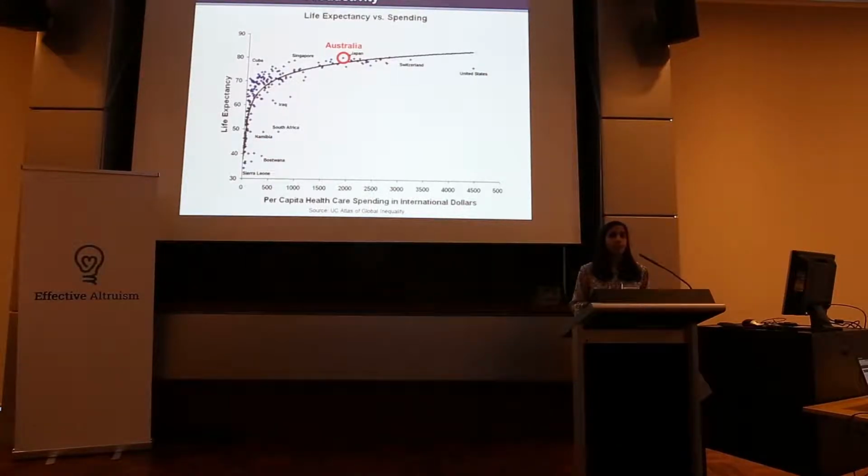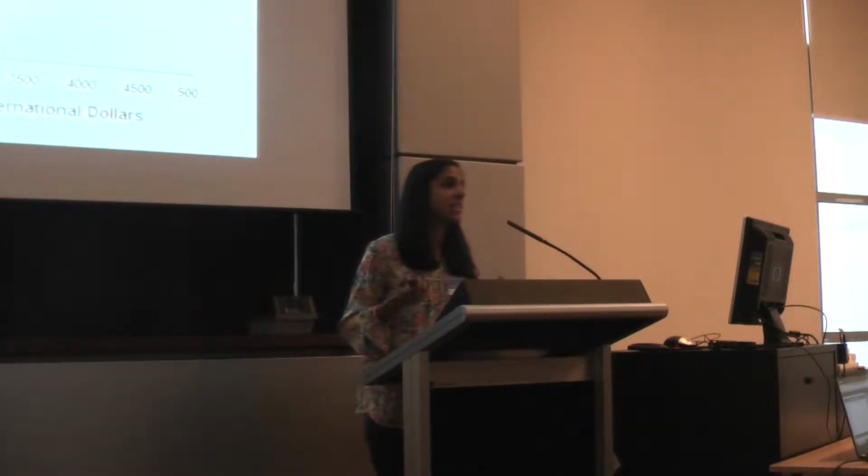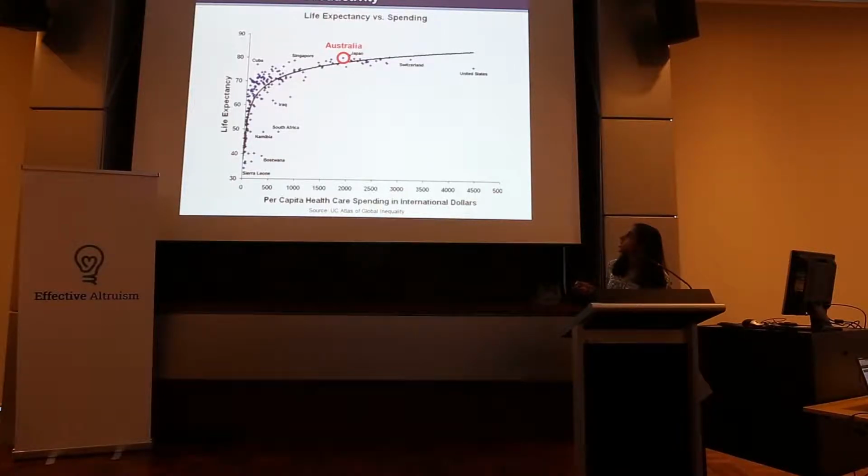And as you can see, this allows us to compare what we're getting in terms of overall health. Life expectancy can be seen as one measure of our health as a society, given the amount of spending that our government is putting into the healthcare system. And so you can see here Australia, that's highlighted, but there are some clear countries that are always used as examples in this field. So we often talk about Cuba, that's spending very little per capita on their healthcare system and achieving quite remarkable health gains in terms of life expectancy.